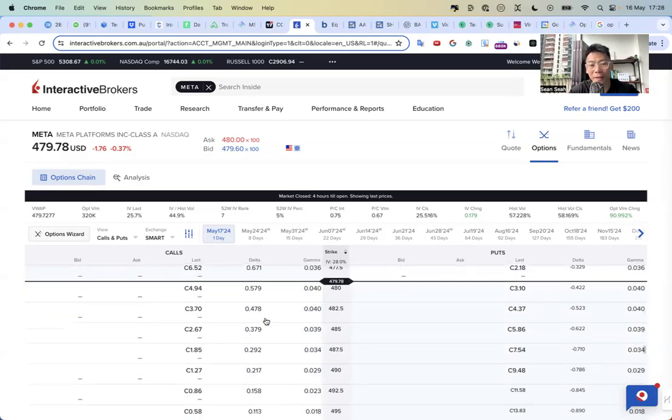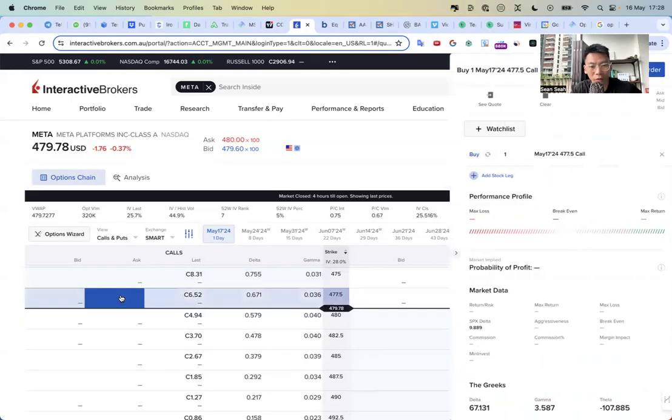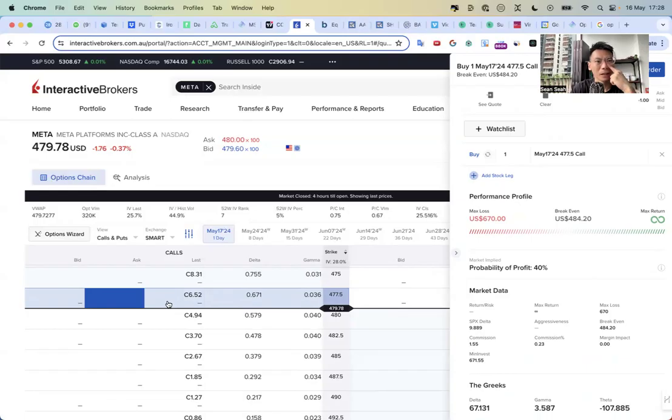Later, you'll understand why that's so. But for now, if I click on a 477.5 strike price call, what does this mean? It means that if I buy this particular call, it gives me the right to buy Meta at 477.5.